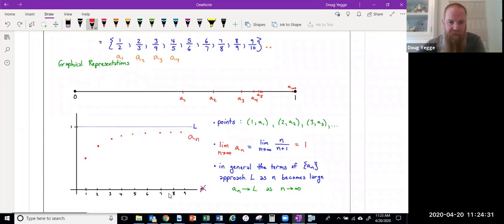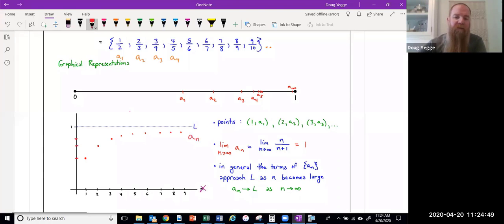And what we should notice is that when I plugged in 1, I got 1/2. When I plugged in 2, I got 2/3. When I plugged in 3, I got 3/4. And so you could see that this graph tends to get closer and closer and closer to some fixed value.